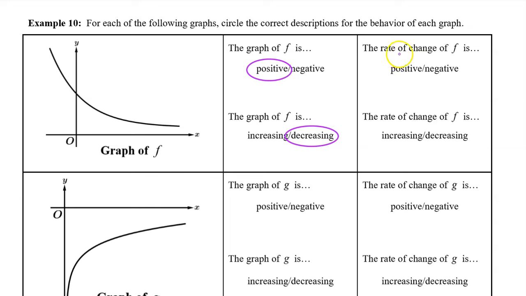How about the rate of change of f? Is it positive or negative? Well, if the original graph is decreasing, that means that the rate of change is negative. Is the rate of change increasing or decreasing? If f is concave up, that means the rate of change is increasing.